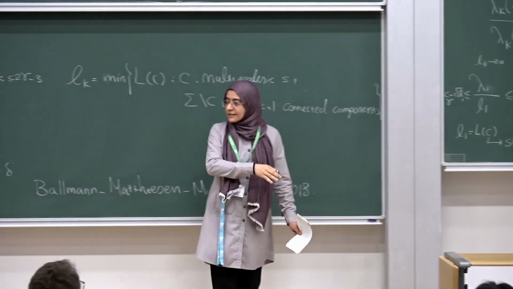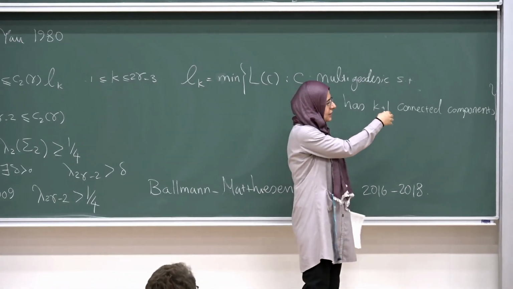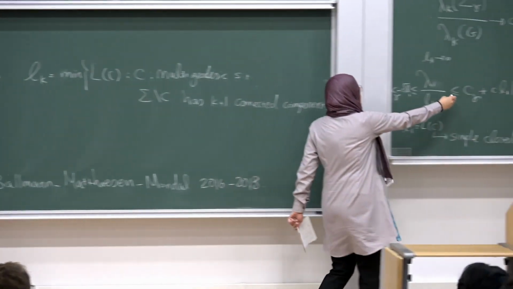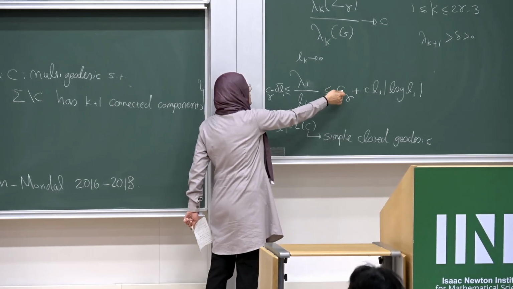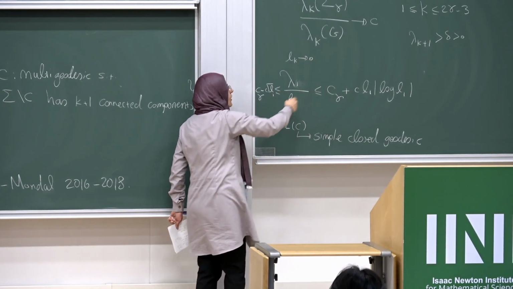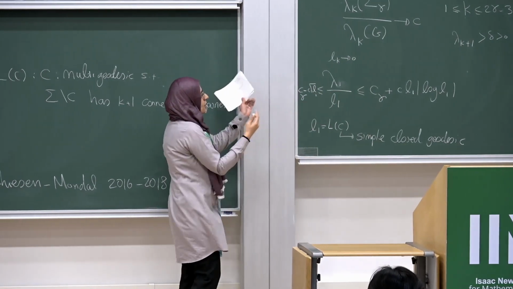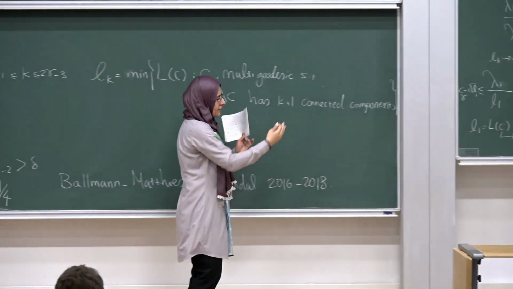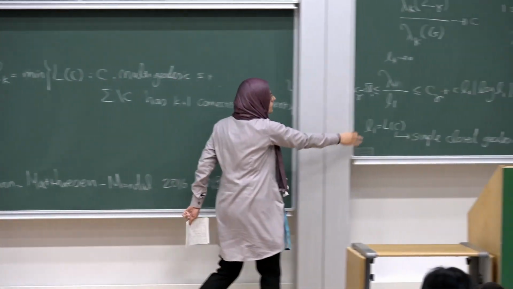So we have the leading term, which is very explicit. It's the quotient of the Euler number of the surface divided by the Euler number of each piece that this simple closed geodesic cuts.